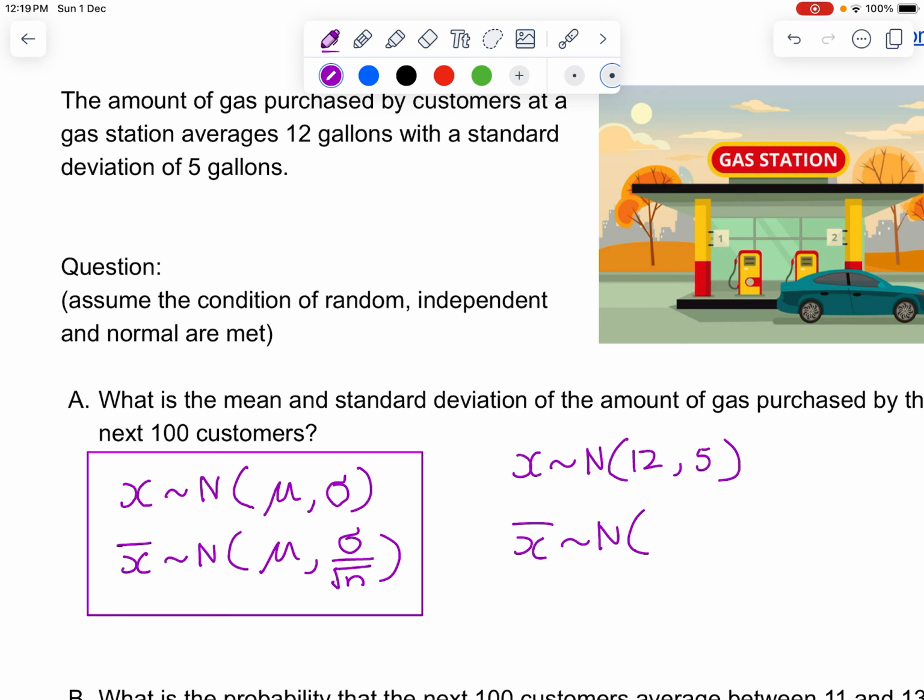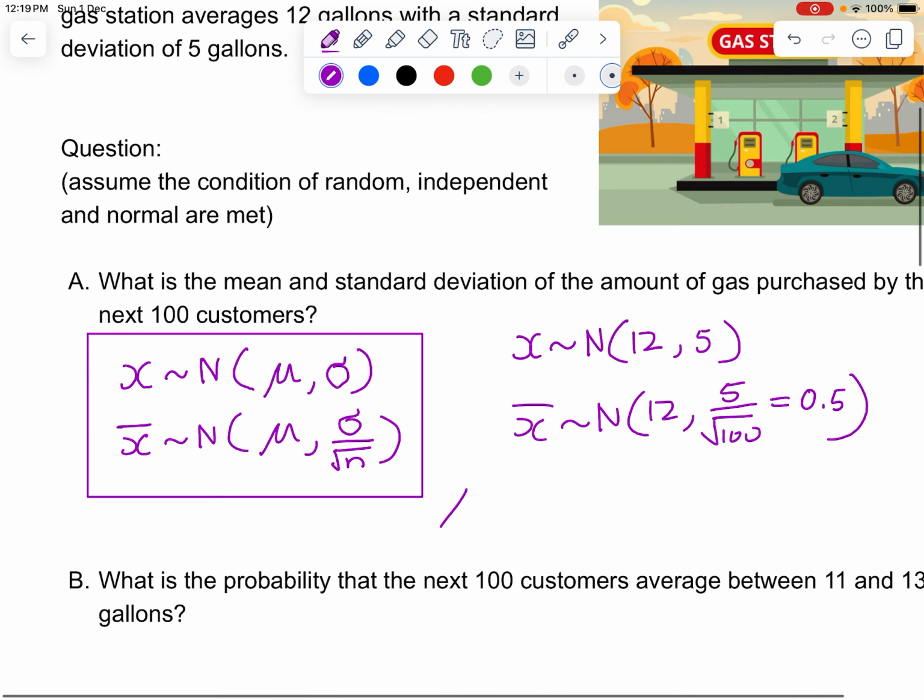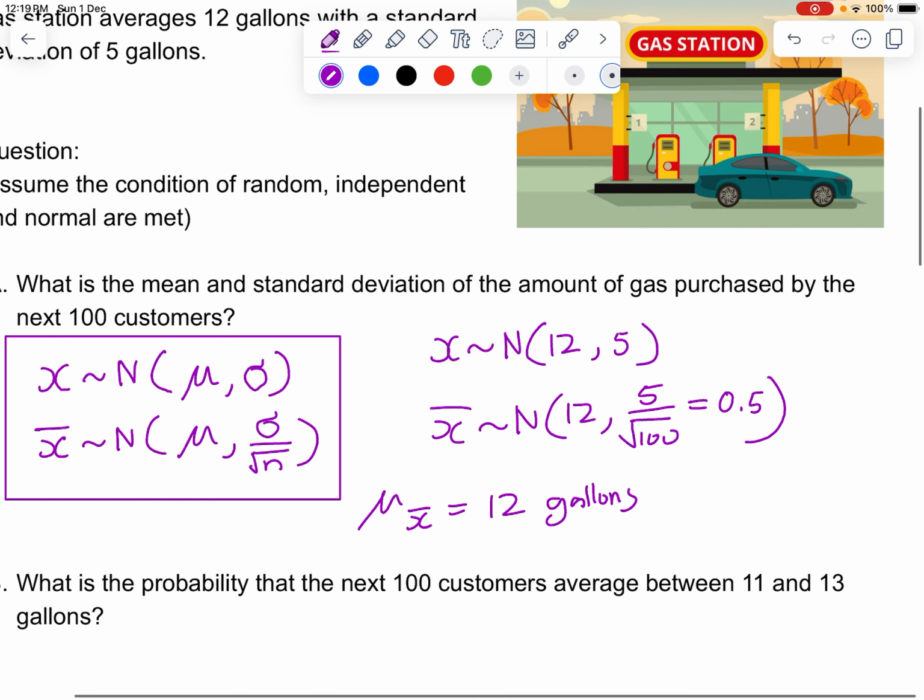If we take a look at the formula, the mean remains the same, 12. But the standard deviation now is going to be 5 over square root of n, and here n is the sample size, which is 100. If we put that in the calculator, we get 0.5. So basically, the mean of the sample would be 12 gallons, and the standard deviation of the sample would be 0.5 gallons.